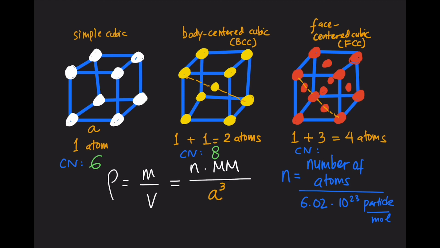Now finally, for the FCC, it's a bit tricky. You have to really imagine that this is only a single cube that we are seeing here, and this is being repeated into another cube at the front, another cube at the upper part, another cube at the left, and also another cube at the bottom left, upper left, and so on.